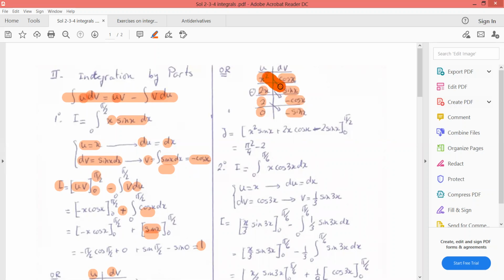How much do you get? x squared sine x. Then minus this times this, how much does it give? We multiply plus 2 by minus cosine x, it gives minus 2x cosine x, and multiplied by this minus it becomes a plus.